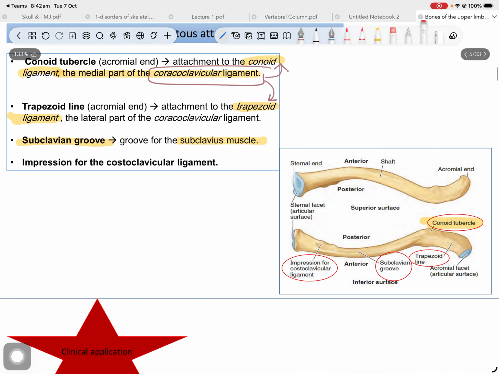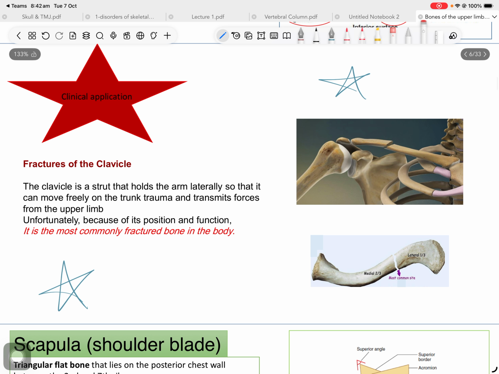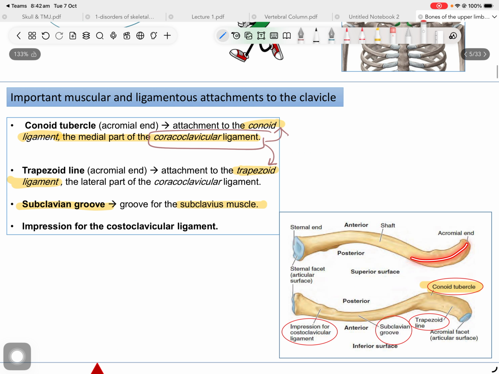Very important here, I have a clinical application for the clavicle. Since we said that the clavicle, it is S-shaped bone, because as we said here, we have a curvature. We said that medially, it is convex anteriorly, and the lateral 1/3, it is concave.